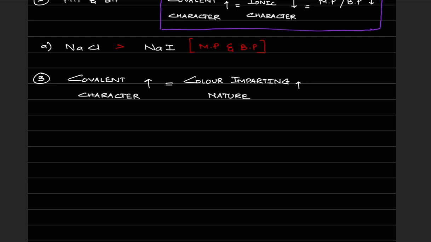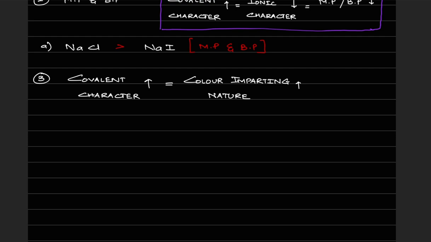When we are saying that a covalent character is increasing, that means it is more likely for that compound to have a colored form. Like for example, if I say NaCl and NaI, NaI has more covalent character, so NaI would have more chances of being colored as compared to NaCl. Okay, let me put it in front of you with few examples.